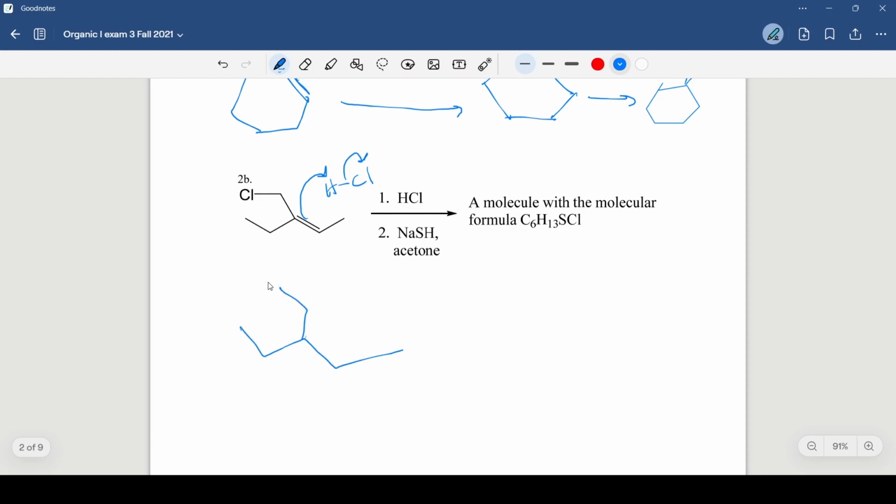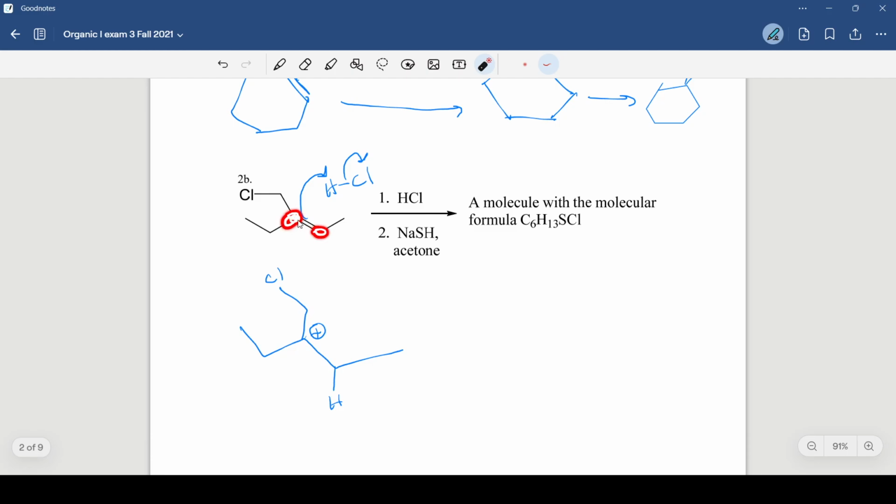Remember, the carbocation is going to be put, we have two options where to put the carbocation, here or here, and we're obviously going to put it here, right? Because it's tertiary, so that means it's more stable. And if you're wondering, when you attack the hydrogen, it's going here to the other carbon.